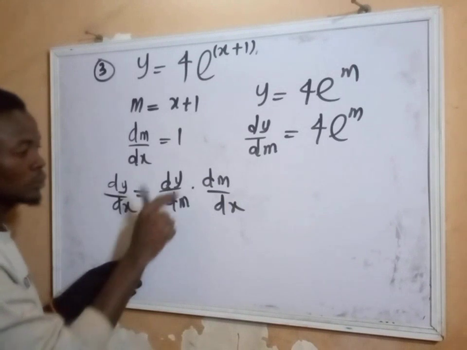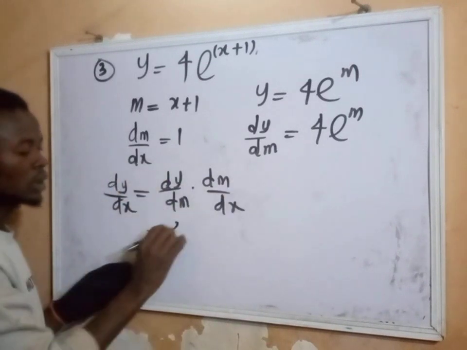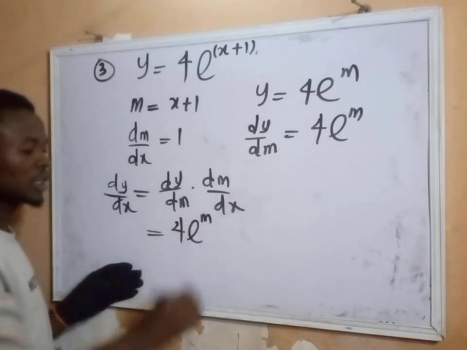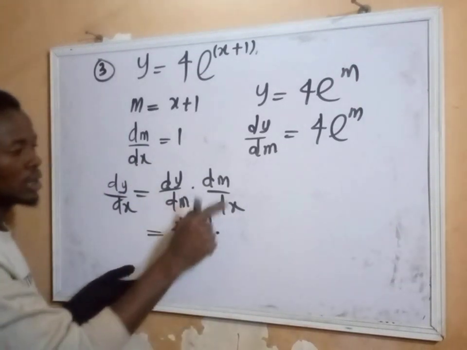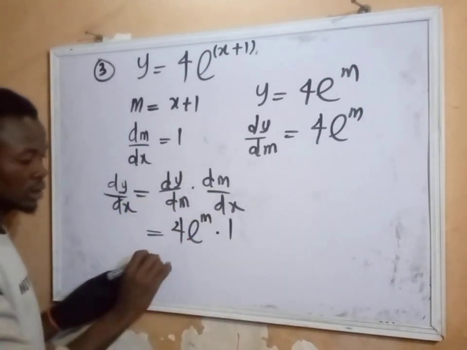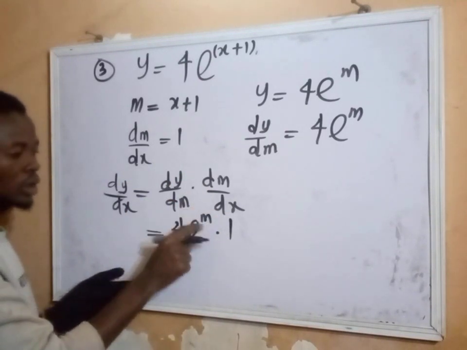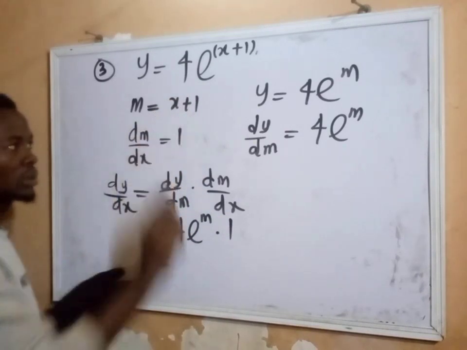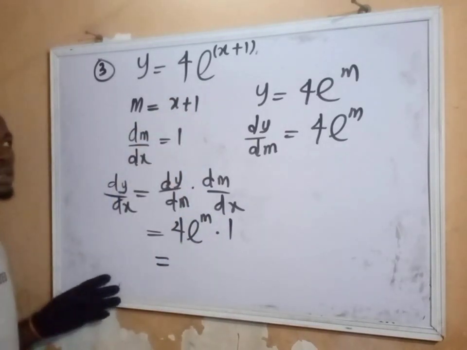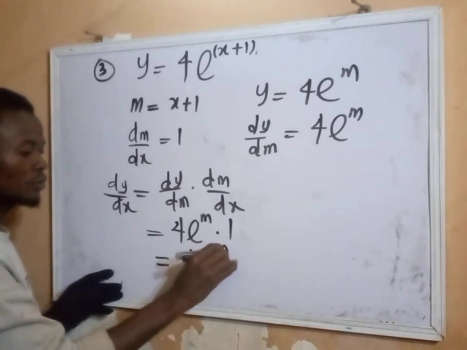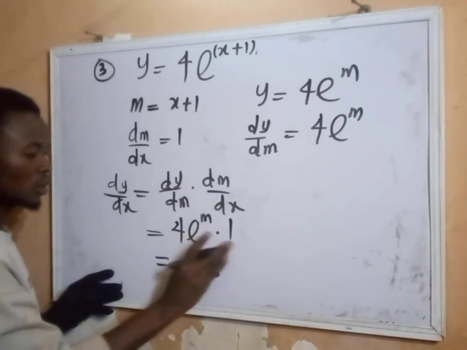Let's insert the values. What is dy by dm? We have 4 exponential m dot, and the dm by dx is 1. But here m is still the same thing as x plus 1, so we are going to have 4 exponential of x plus 1.